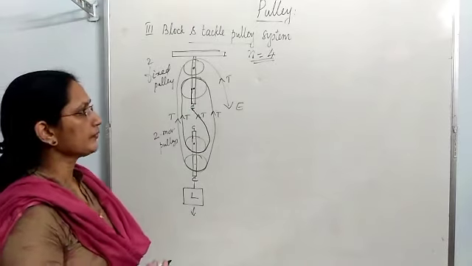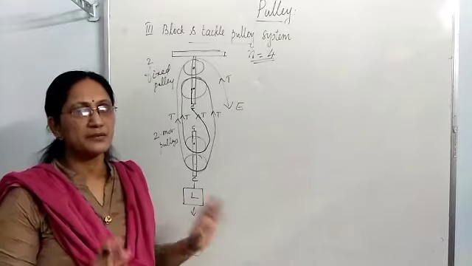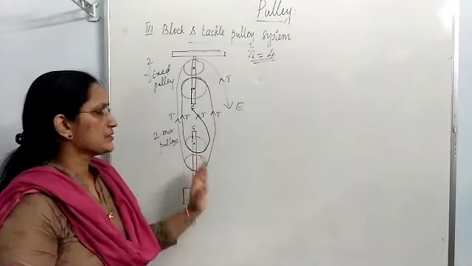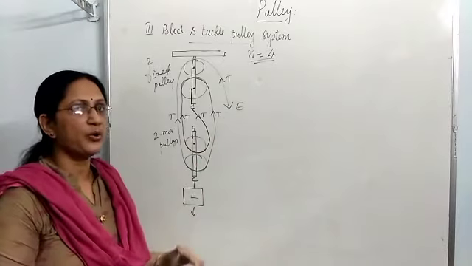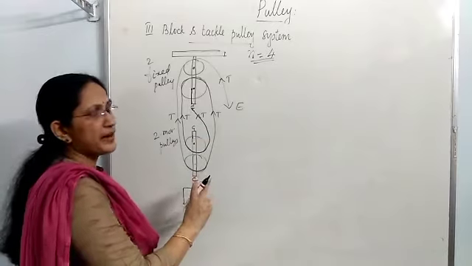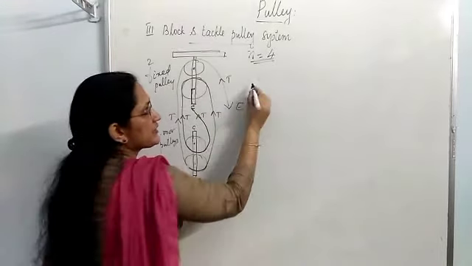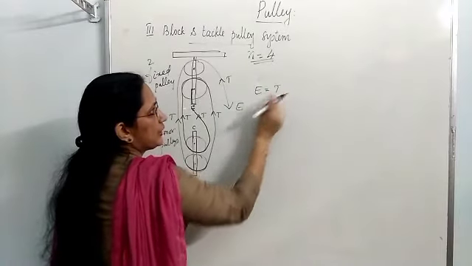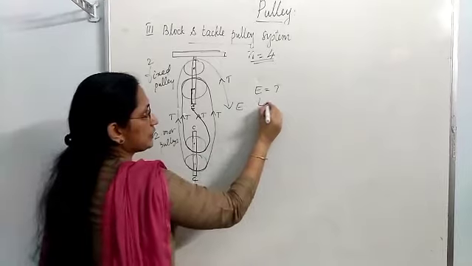Then consider the system in equilibrium, means in a balanced position. That means you are applying an effort here so that this load is neither going down nor going up. That is the balanced position. In that balanced position, E and T are equal. That is why it is balanced. E is equal to T at the balanced position. Then what is L equal to?